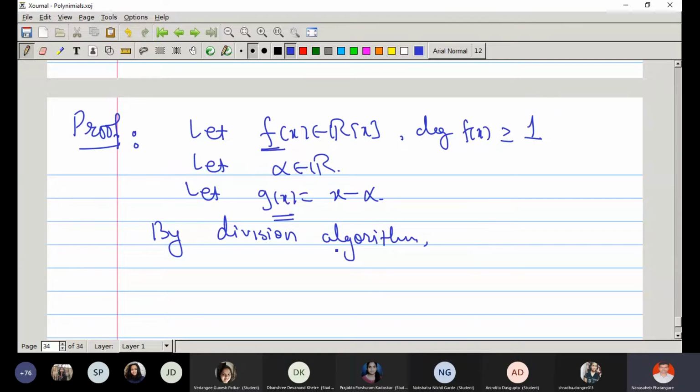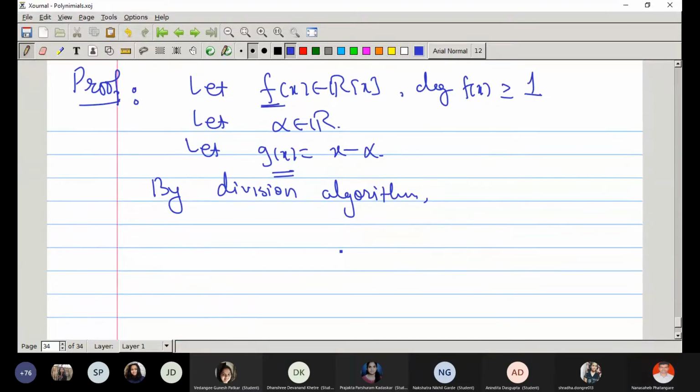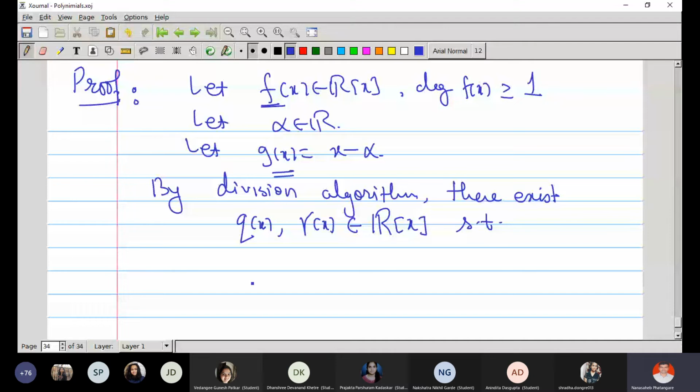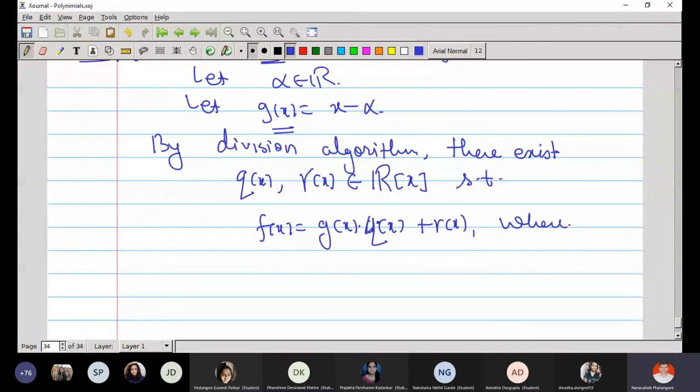There exist two polynomials q(x) and r(x) in the set of all polynomials such that f(x) is equal to g(x) into q(x) plus r(x), where r(x) is a remainder.